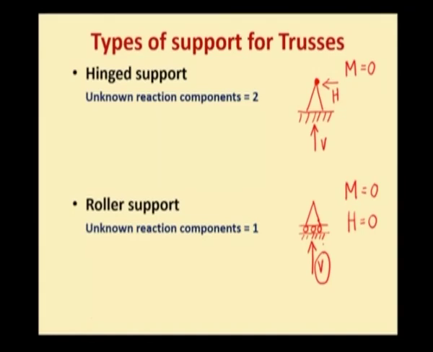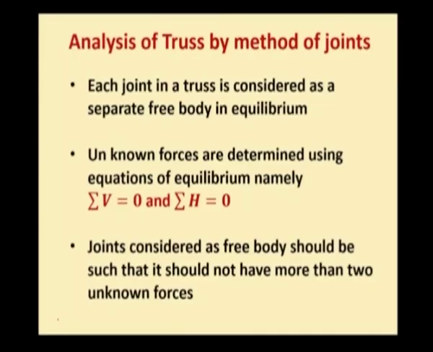Now, we shall see the analysis of truss by the method of joints. The following points should be considered while doing the analysis of truss by method of joints. We will be considering each joint in a truss as a separate free body in equilibrium, and for that considered joint we will be applying two equations of equilibrium, namely sigma V equal to 0 and sigma H equal to 0.